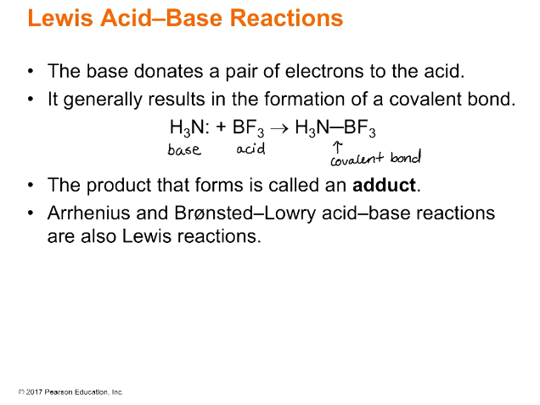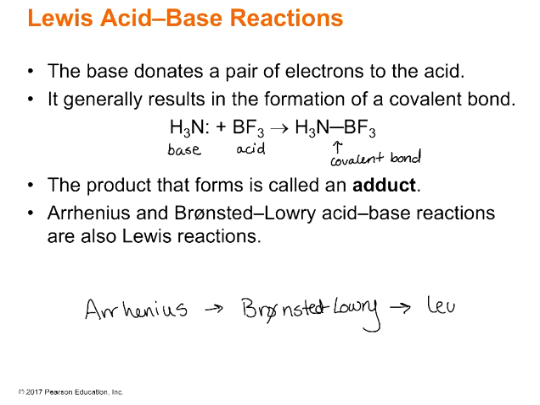So I guess we could make a little flow chart. Arrhenius acids and bases do fall under the Bronsted-Lowry definition, and both of those definitions fall under the Lewis definition.